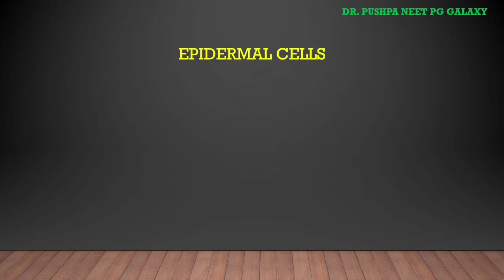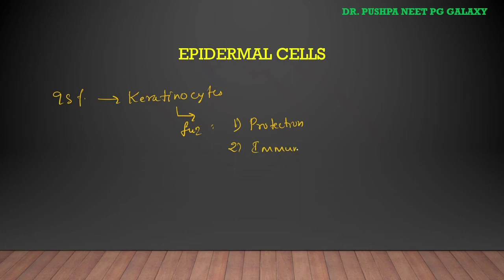Next, we will study epidermal cells. 95% of the cells are keratinocytes. That means it has keratin. What is the function of this keratinocyte? It gives protection. This is the primary function, and it has immunological role.